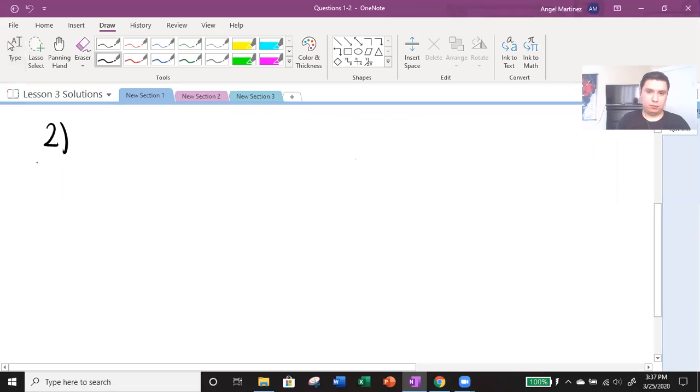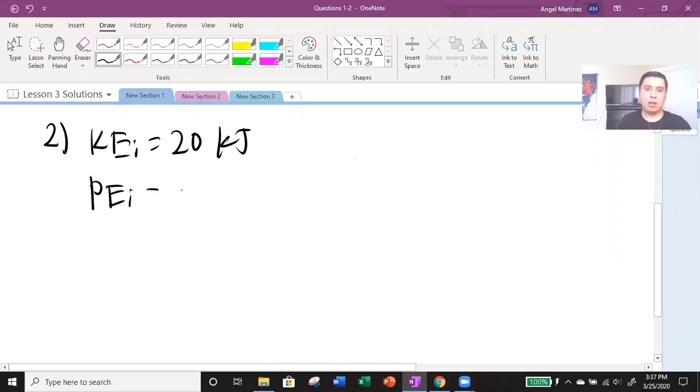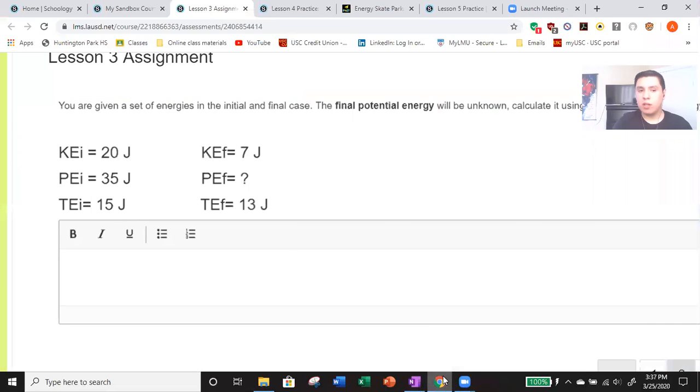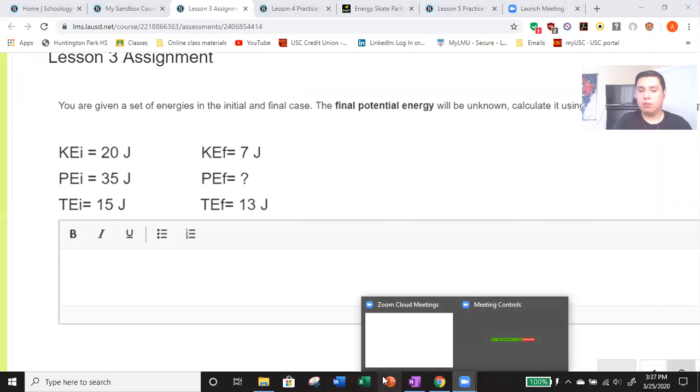All right. We have KEI equals 20 kilojoules. PEI equals 30, I believe. Or let me double check this. 20, 35, 15. Sorry about that.